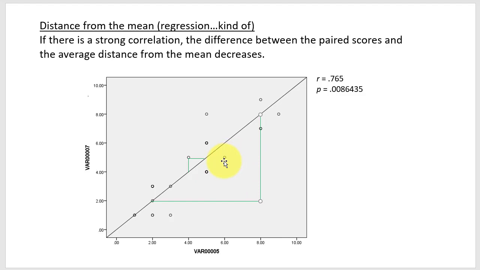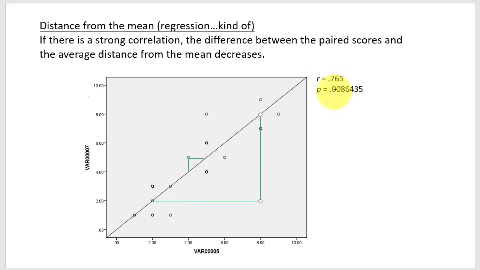underneath that triangle. But as you can see, if all of these dots were much closer to the trend line, then we would have a very strong correlation. But if they were all much farther apart, we'd have a very weak correlation, because we'd have a lot of variance, or a lot of distance from the mean or from the trend line. In this particular example, by the way, we have an R coefficient of positive 0.765, so it's a pretty strong correlation.